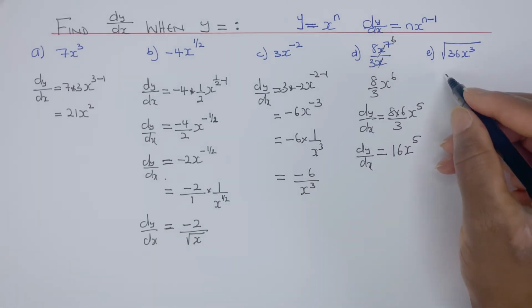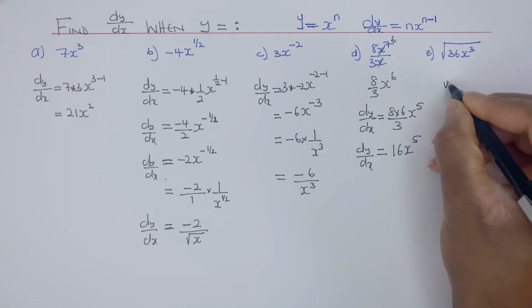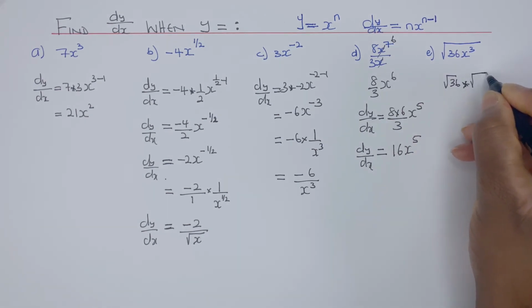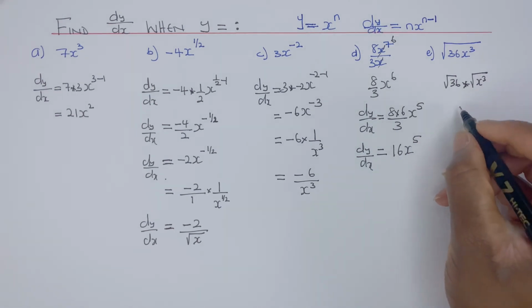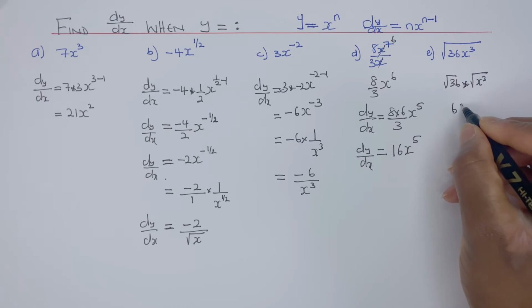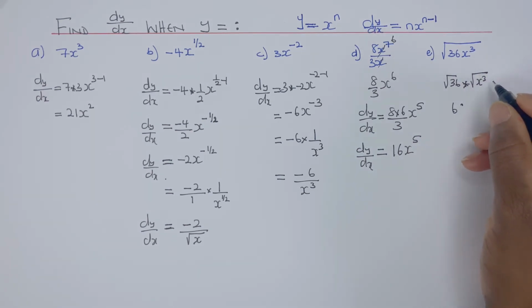For the e part, I need to rewrite that as root 36 times root x cubed. And we know what root is. Root 36 is 6. Then root x cubed, root means to the power of a half.